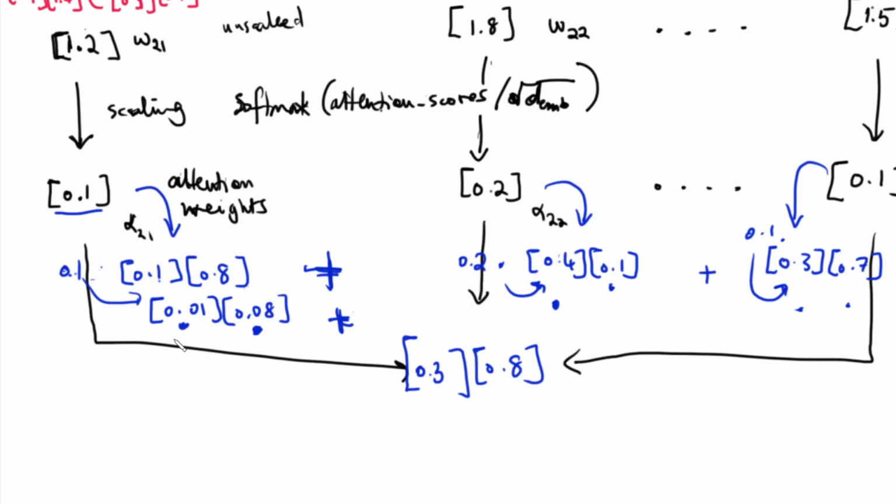I think it was correct. So it's going to be 0.3 times 0.8. And this becomes now the context vector 2, which is equal to our Z2. That's our Z2.